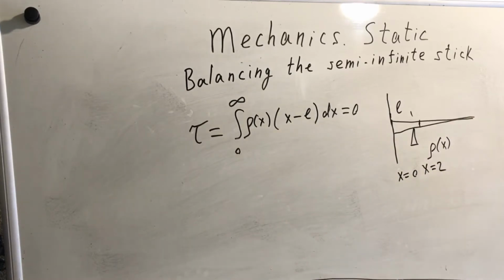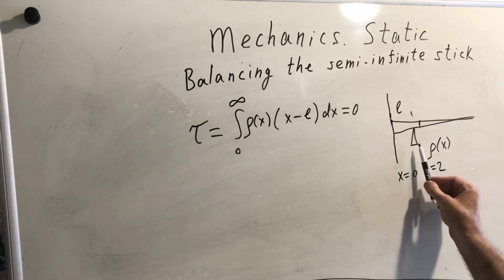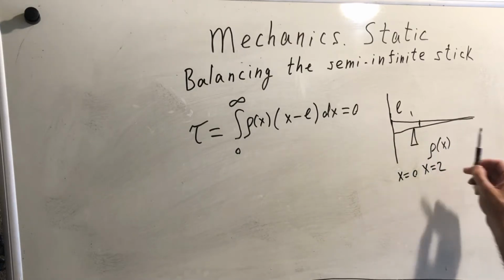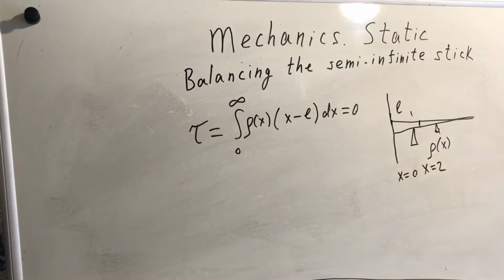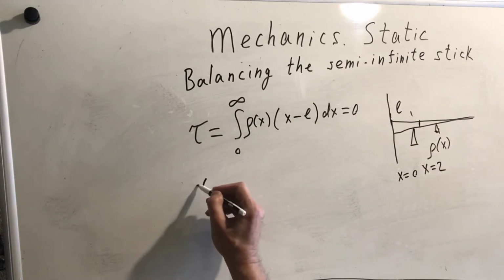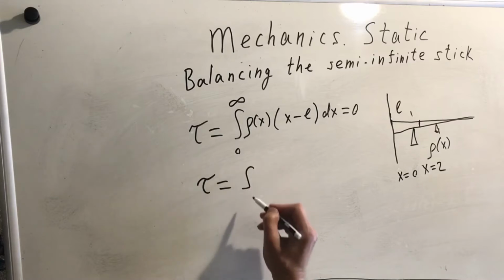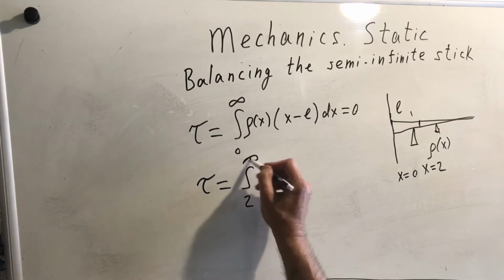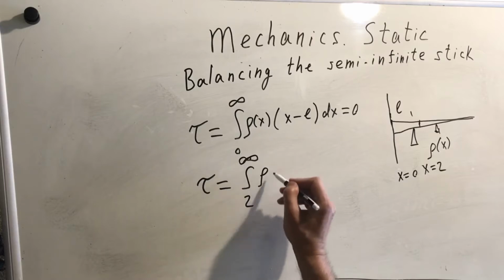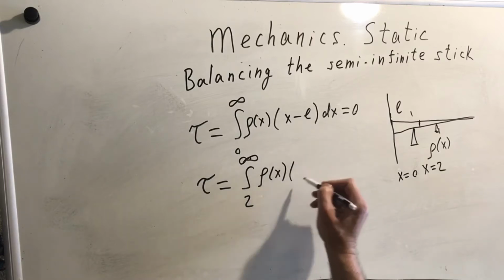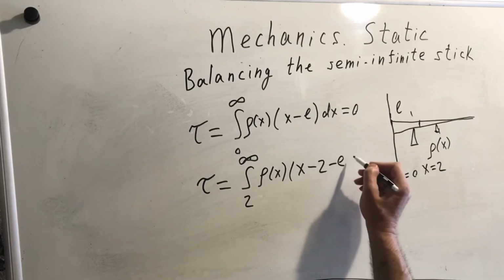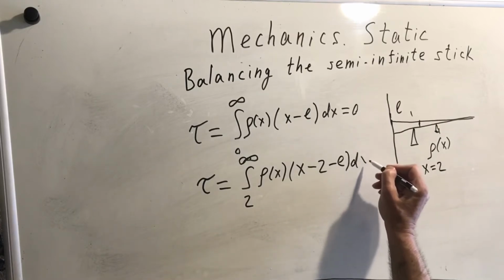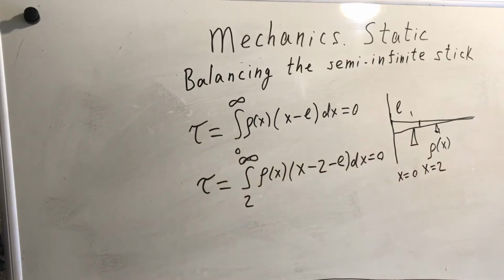In that case, we have to move the support point by the same distance z, and now write the expression for torque in this form. Torque equals the integral from z to infinity of rho(x) multiplied by (x minus z minus L) dx, equals 0.